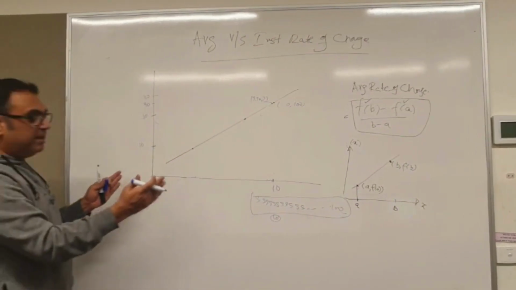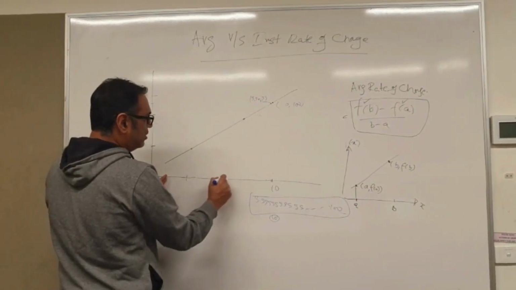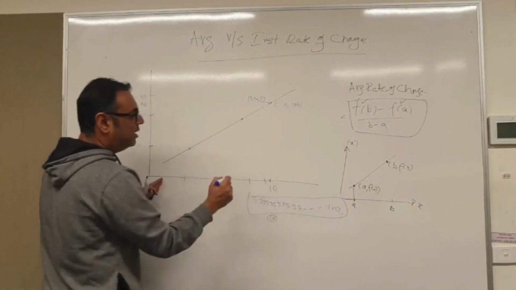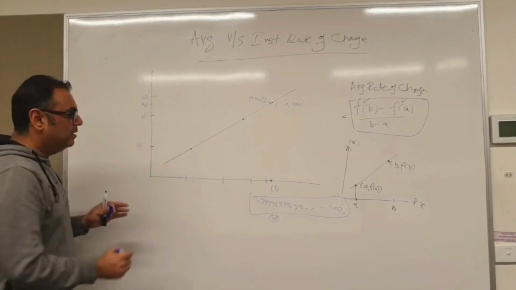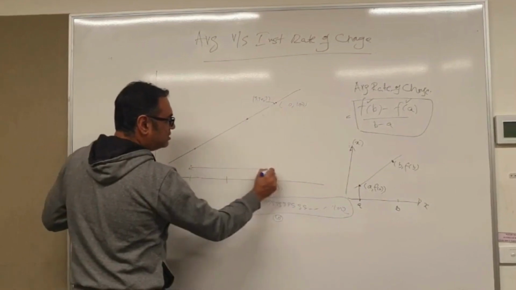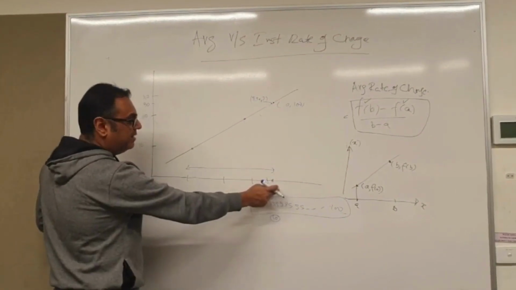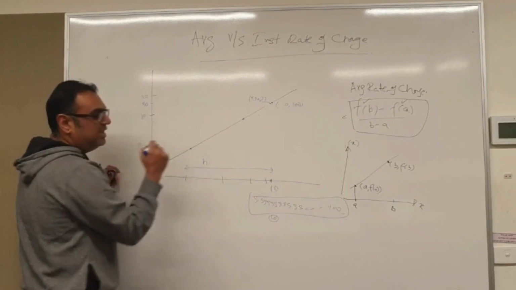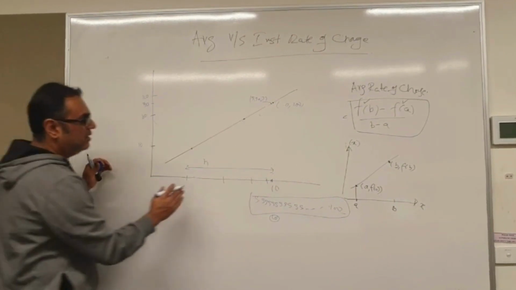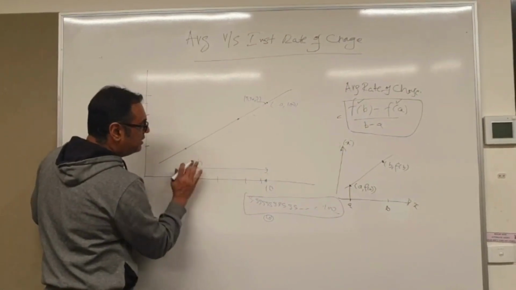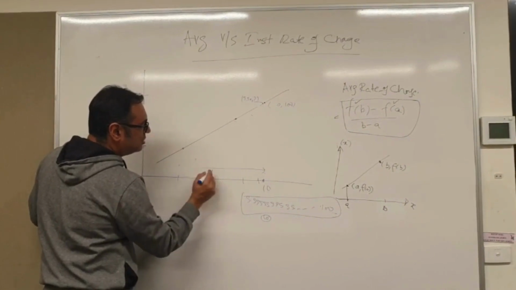So what have I done? What have I done from here to here to here and to here? This was the distance between this point and the point 10. So let's say h was the distance. When I came to this point, I reduced that h.